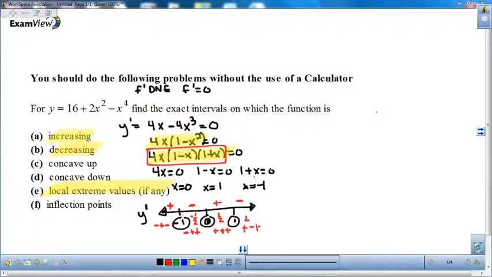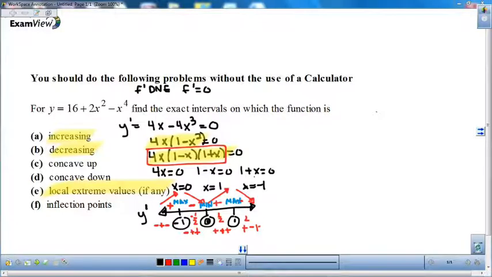Okay, so here's my number line. I know that I'm going to be increasing, decreasing, increasing, decreasing. That means negative 1 is where my max occurs, 0 is where my min occurs, and 1 is where my max occurs.